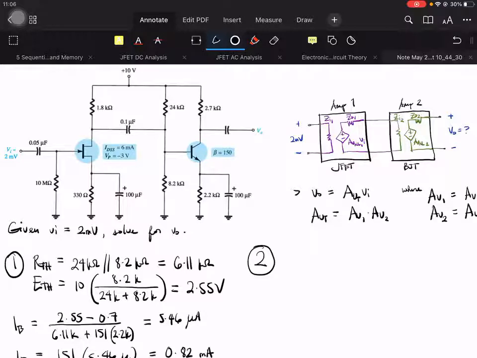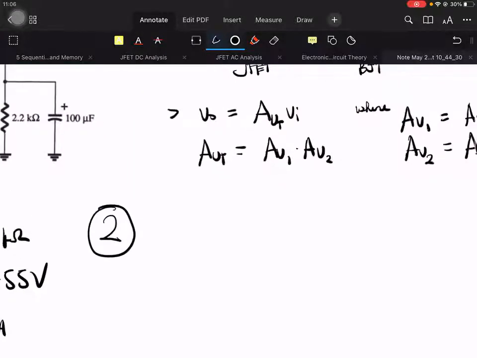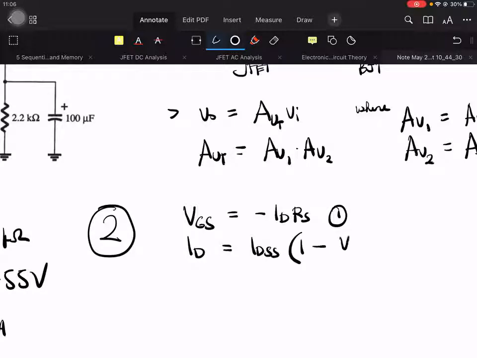JFET self-bias. VGS is negative ID RS. Equation 1. Equation 2 is the Shockley equation. ID is equal to IDSS times 1 minus VGS over VP squared.